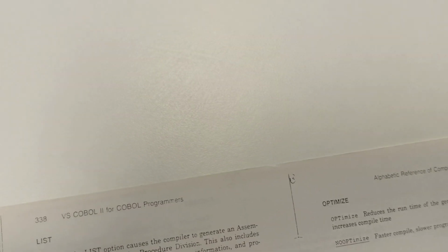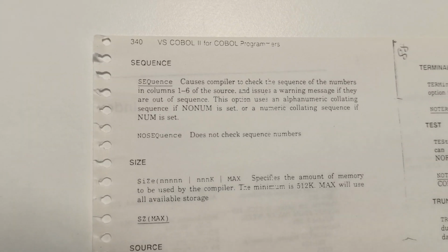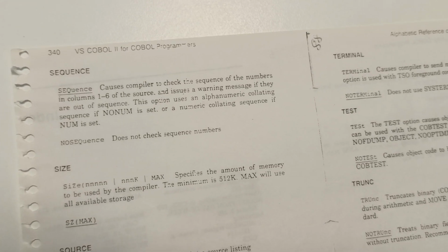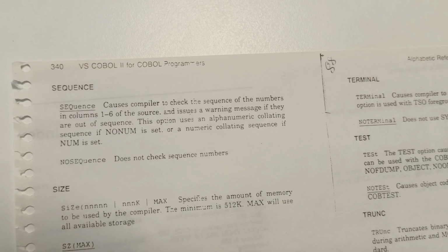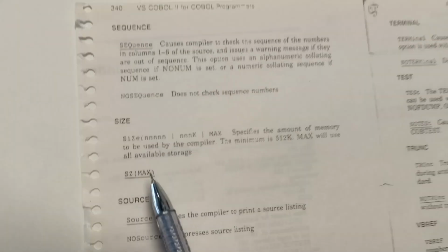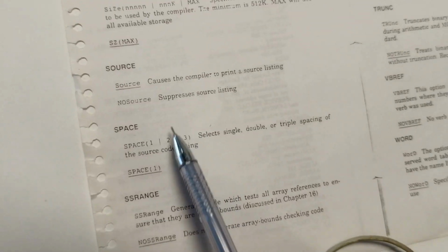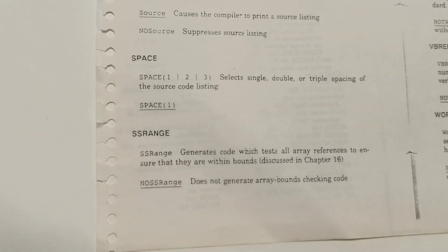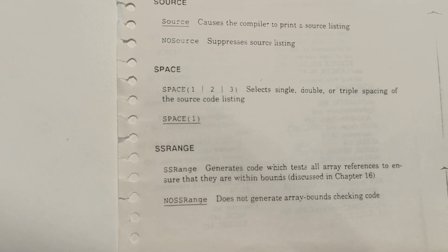And the next one is sequence. Whenever you are generating numbers from the starting of the 6-character compiler number, then you have to use the sequence compiler option, size and source. And this is space, and this is the no SSRANGE parameter.